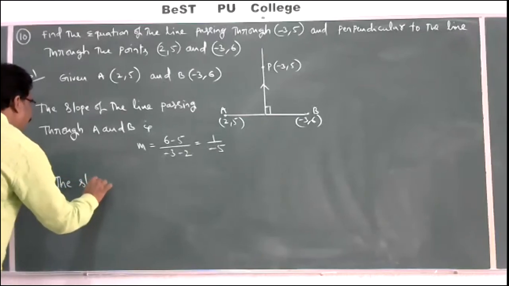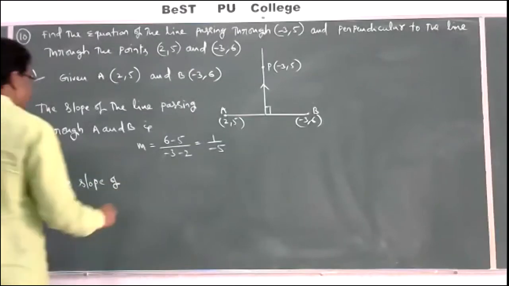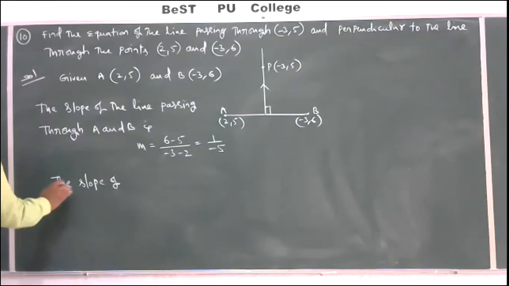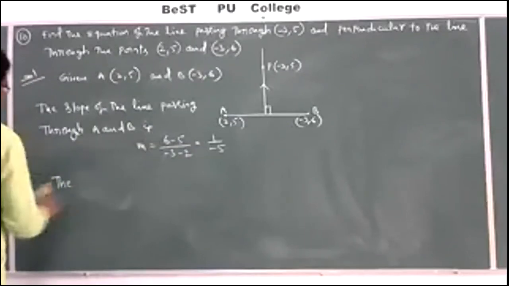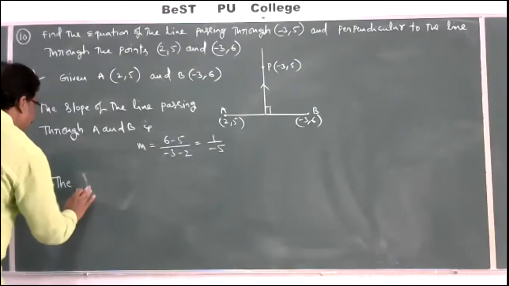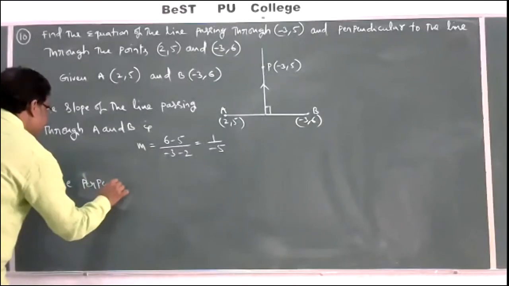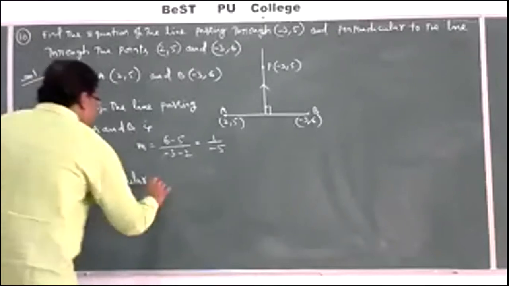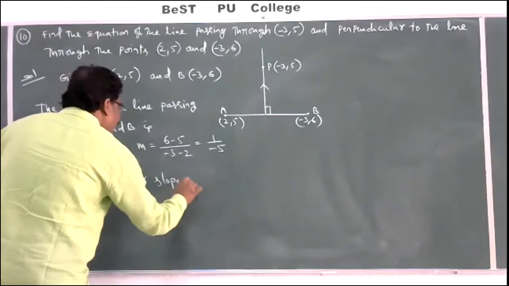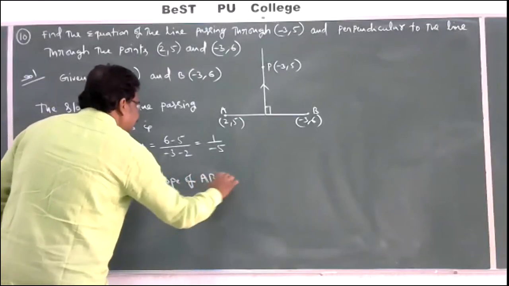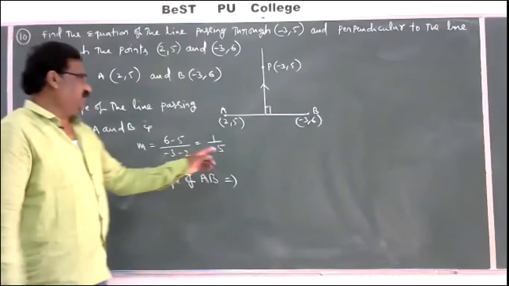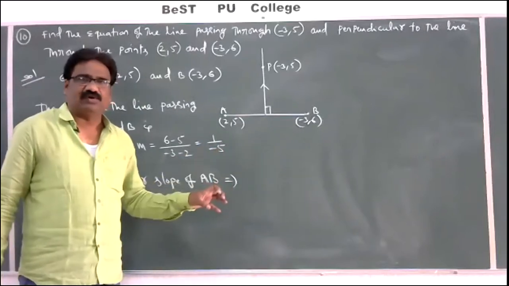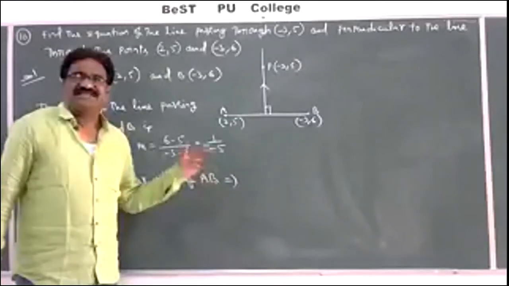The perpendicular slope of AB: a simple technique, you write the reciprocal. 1 by 5 reciprocal is 5. Change the sign.